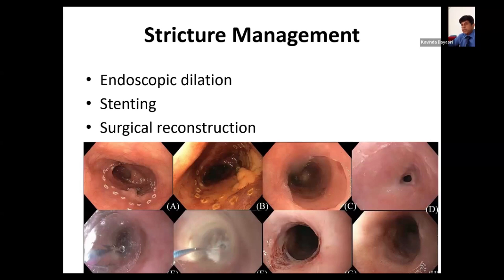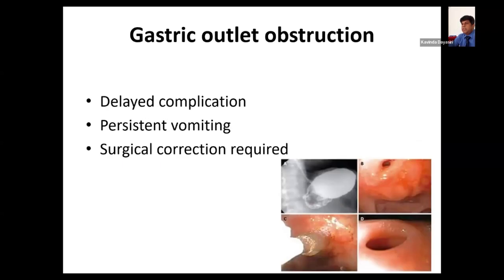Management of strictures includes mainly endoscopic dilatation. Sometimes you may have to insert a stent, or in extensive stricture formation, it may not just be dilated, but you need a surgical reconstruction. So it can be one of these treatments that is indicated for the stricture.